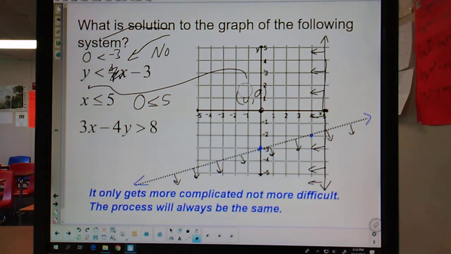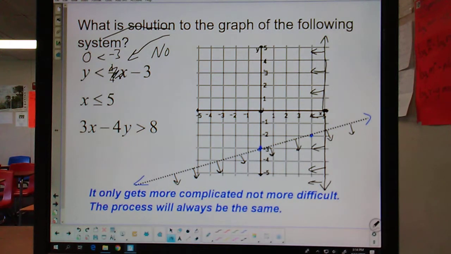All right, now the last one we're going to test. We're going to figure out how to graph this next one. You could use the intercepts, but I'm going to remind you, if you write it in slope-intercept form, don't forget something. You end up with -4y is greater than -3x plus 8.